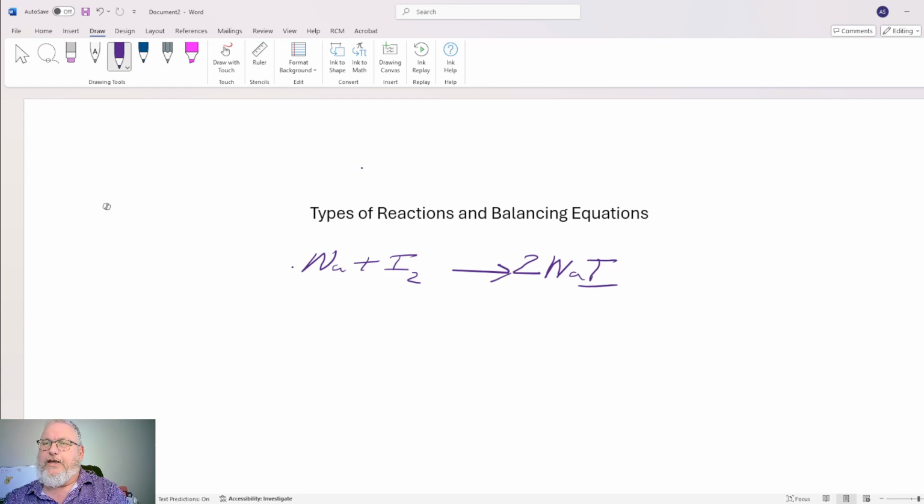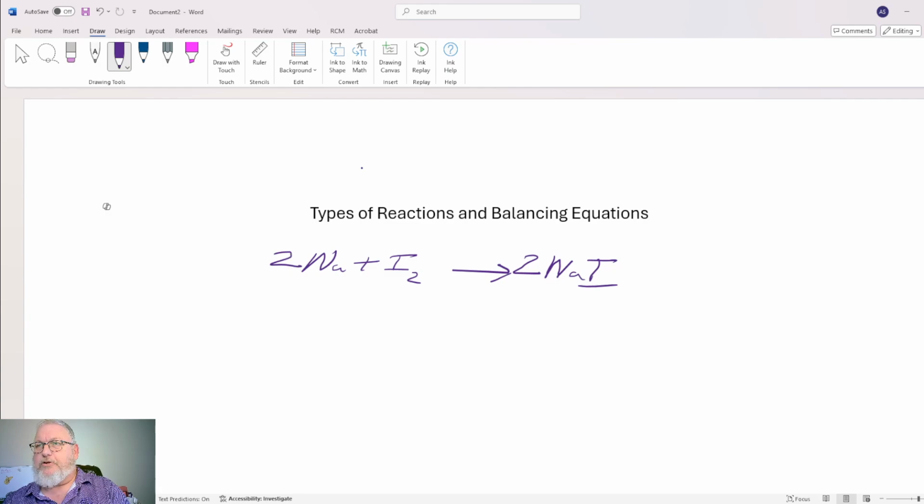I've got 1 Na on that side, so I'll put a 2 there, and now it's balanced. Another little hint, make sure you've got the lowest whole number ratio, and that is the lowest whole number ratio. So I have 2 Na plus I2 yields 2 formula units of sodium iodide. Okay, good to go there.